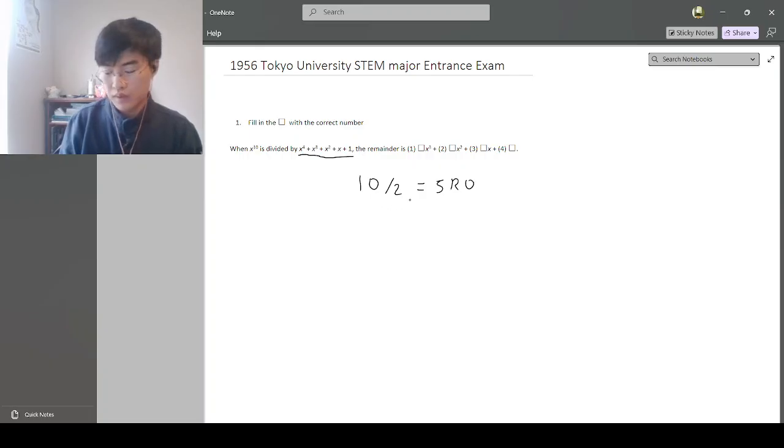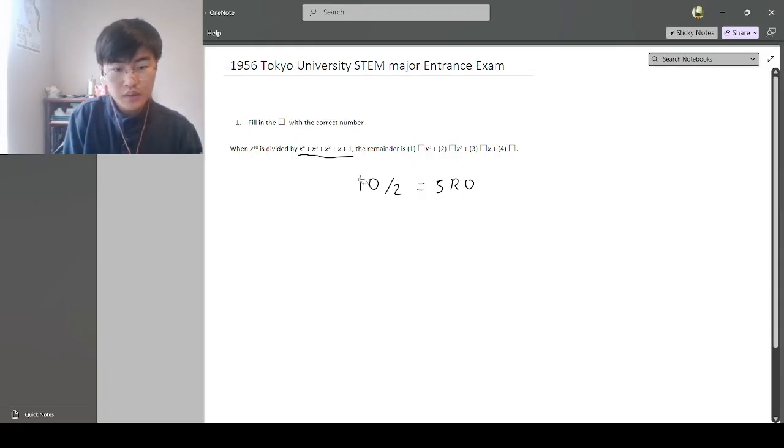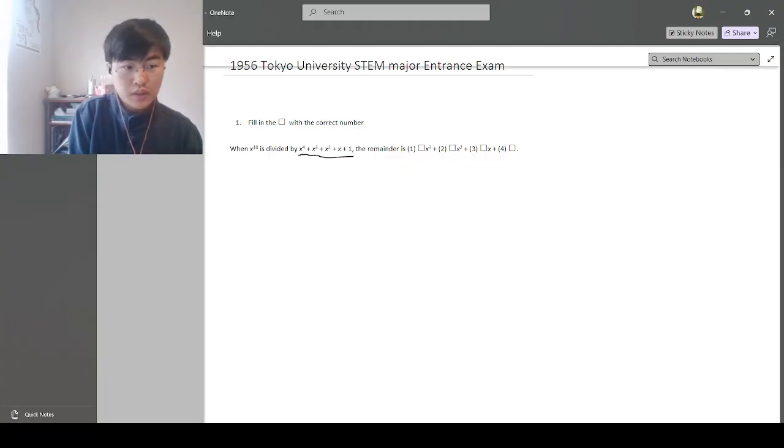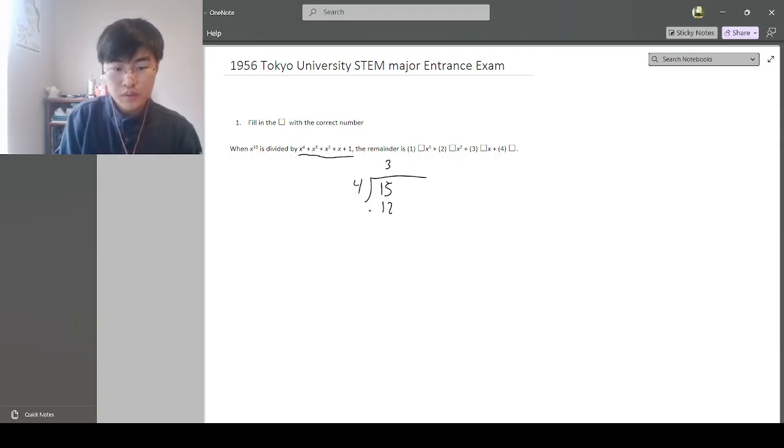So this might not be a great example, so instead let's try something else. Let's try 15 divided by 4. Normally we would say this is pretty simple: we divide by 3, 12, we have a remainder of 3.